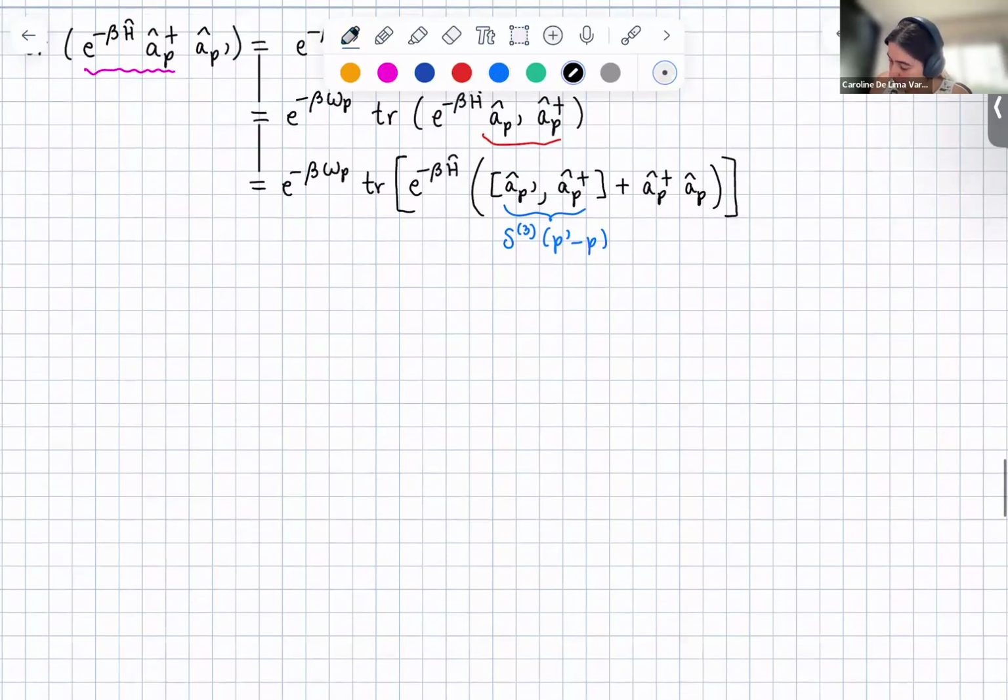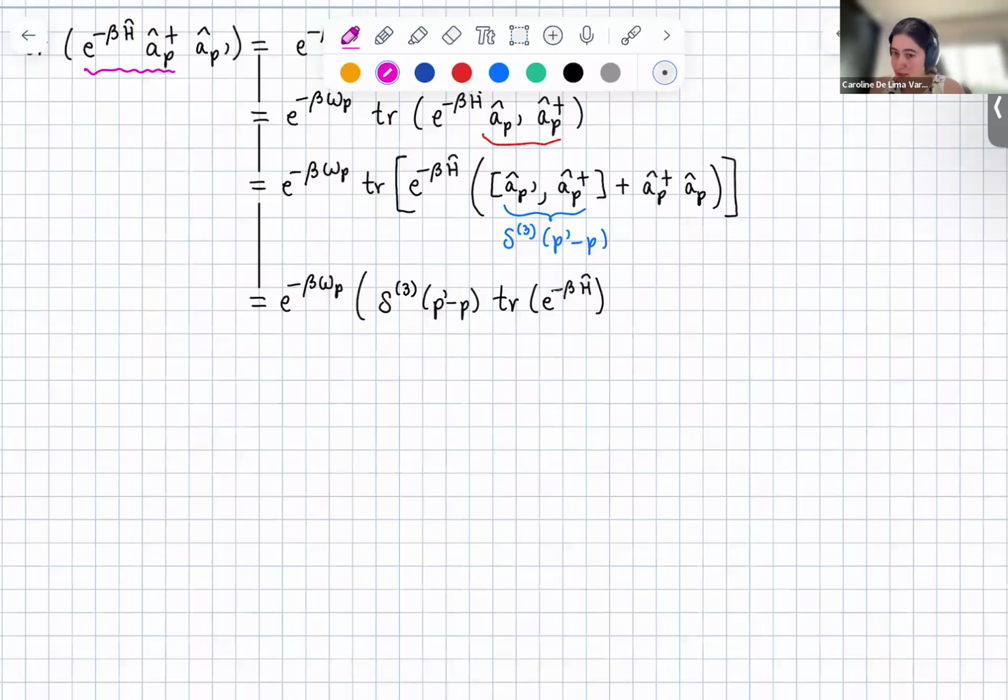And then what we get is e to the minus beta omega_p times this delta 3 of p' minus p times the trace of e to the minus beta H. Do you guys remember what is the trace of e to the minus beta H that I defined before?